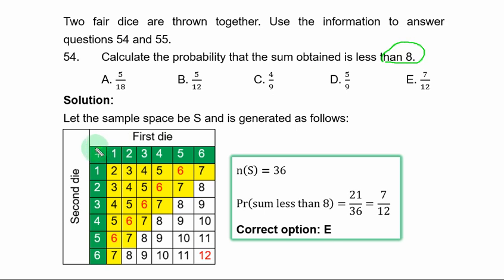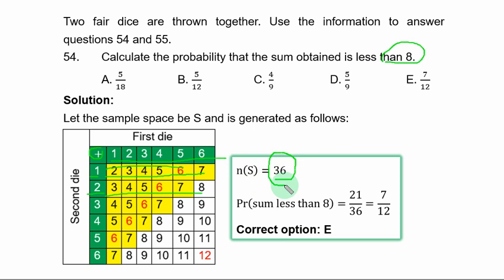The first one is sum. So you add. You take this one, you add it to all the sides, you get this result. You take 2, you add it to all the sides, you get this result, and so on. Now, the number of elements in the sample space is 36.